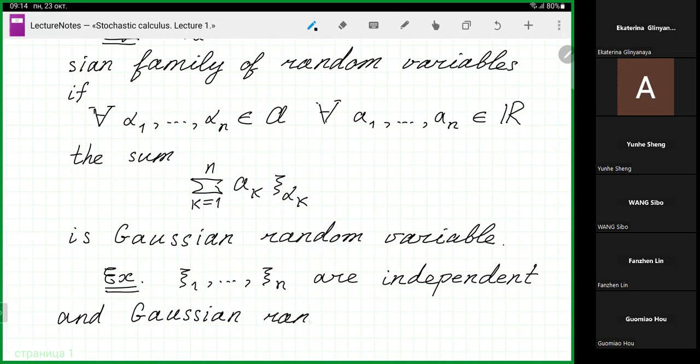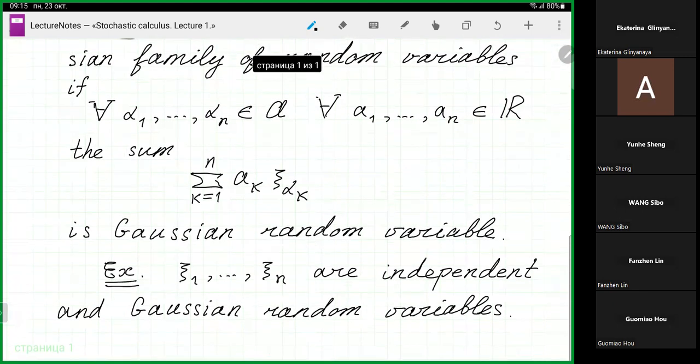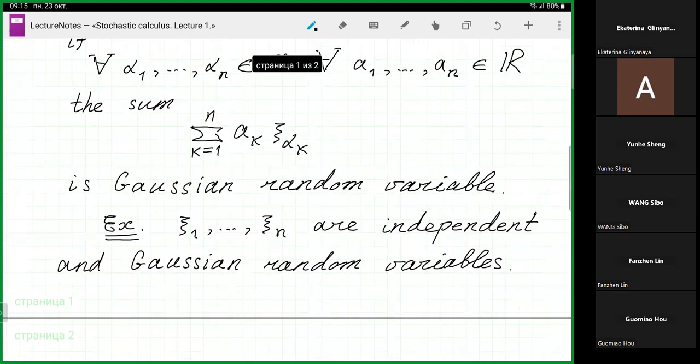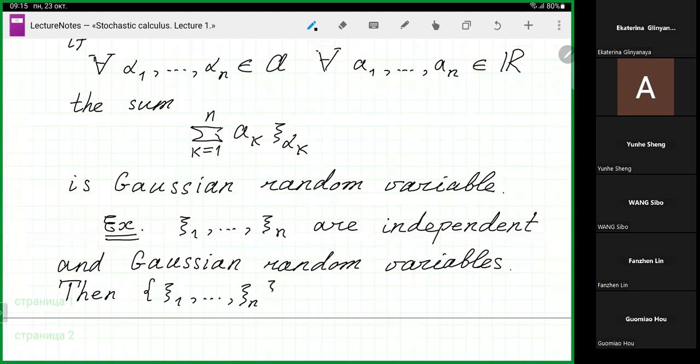Then I claim that this finite set psi 1, ..., psi n is a Gaussian family.